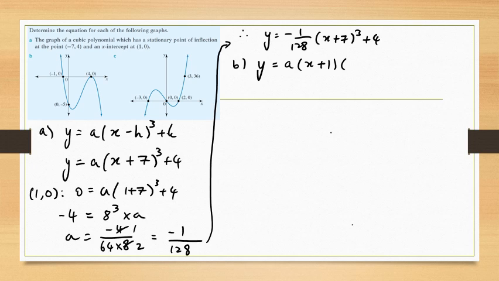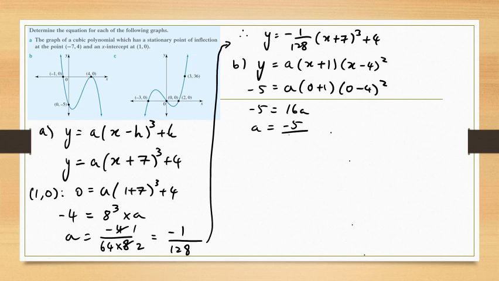The one with a turning point, which is at (4, 0), you need to put a squared on. Then simply substitute the other point you're given, which is (-5, 0). So then we get 16a equals -5, so a is equal to -5 over 16, and then solve for it.